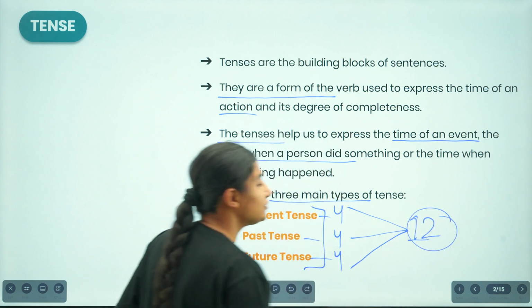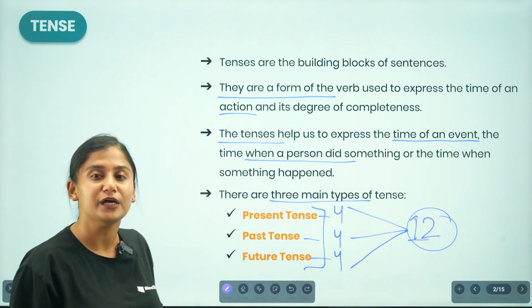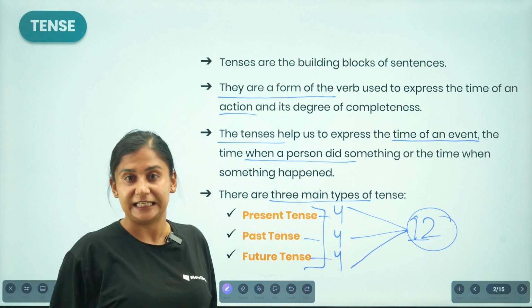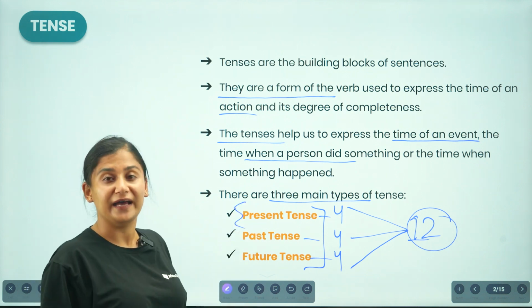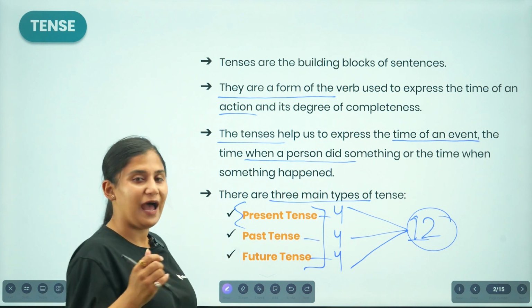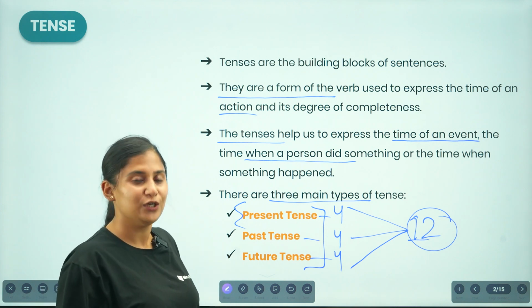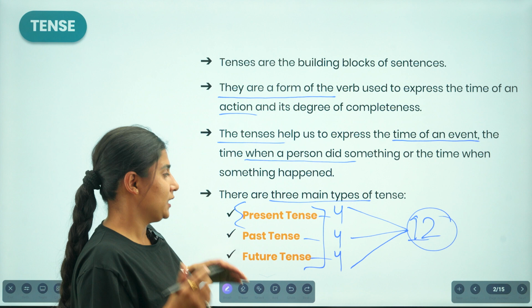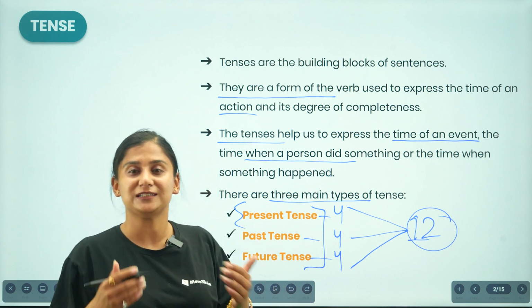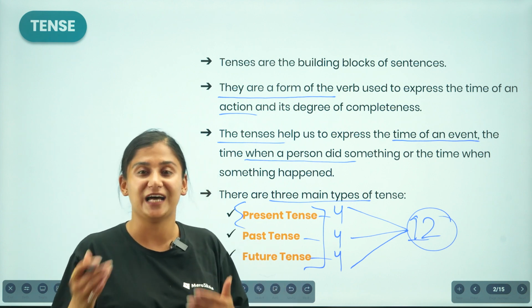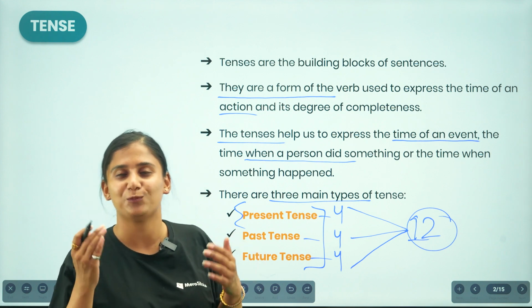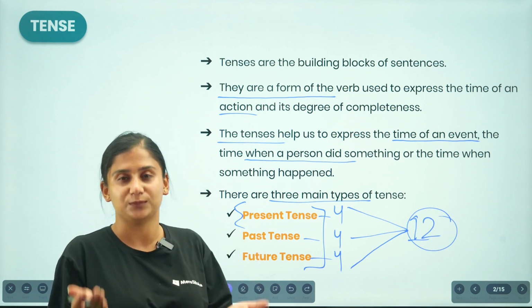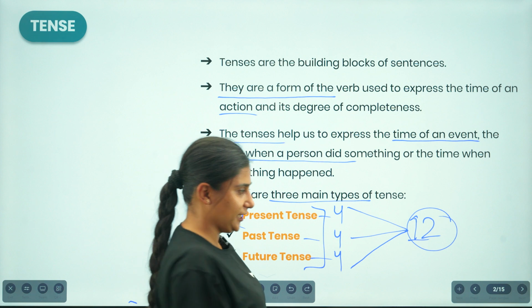So in English grammar, we have altogether 12 tenses, because each type has 4 subtypes. Let us find out the uses of these subtypes, how we are supposed to use them, what is the structure you should be very watchful about, and how we are supposed to create a sentence.